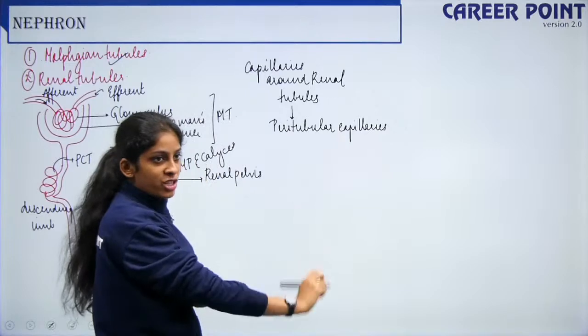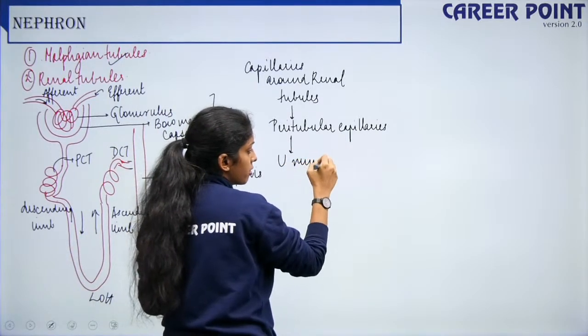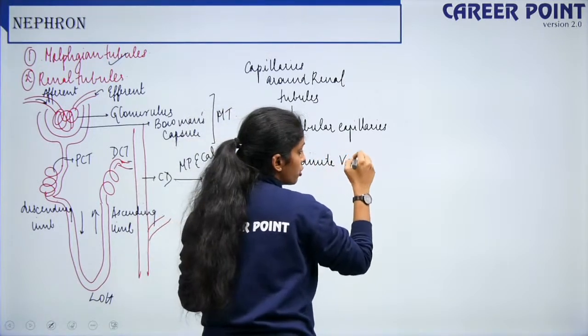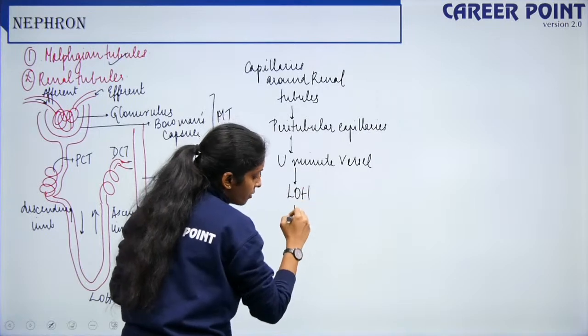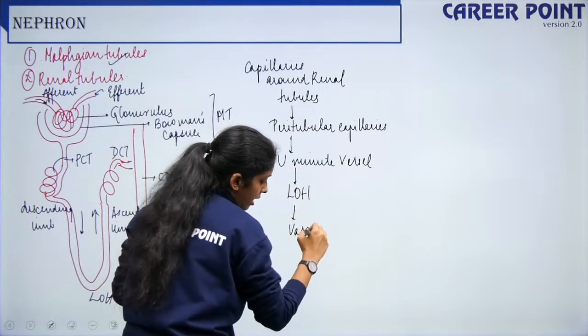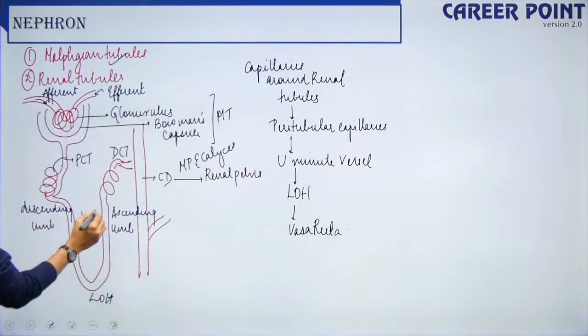From these peritubular capillaries, a minute U-shaped vessel runs parallel to the loop of Henle and that is known as the vasa recta. Right? So this is what we spoke.